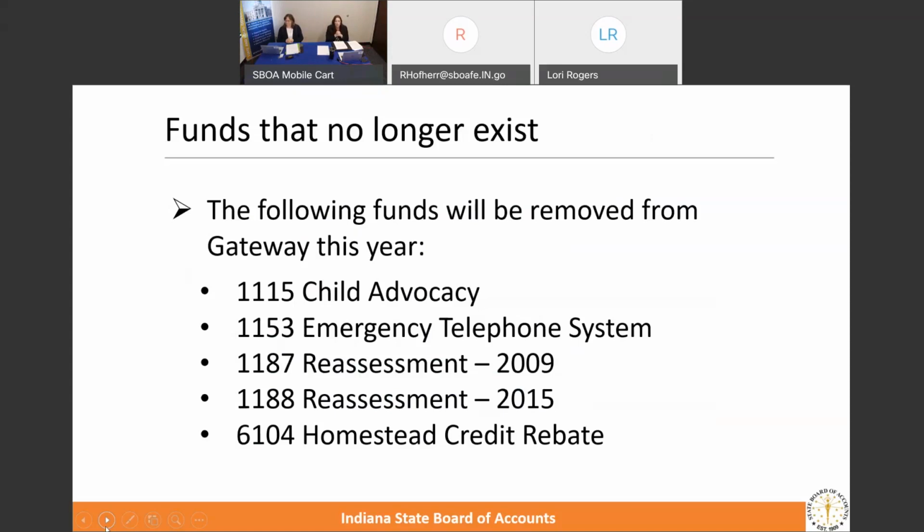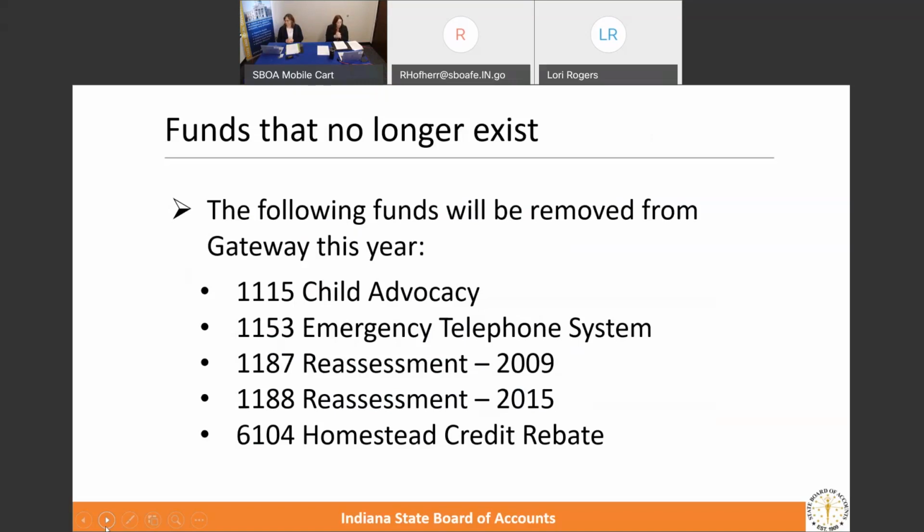One other one that came up was the Homestead Credit Rebate Fund. Some of these I had to do some research on because they were before me. So back in 2008, somewhere around that time, the state advanced a sum of money to each county to pay a refund to all property with homestead exemptions.